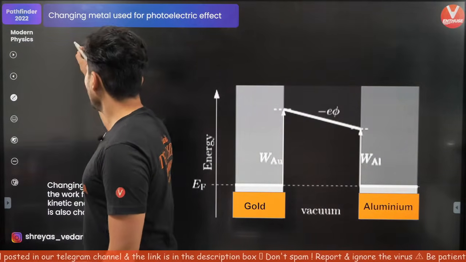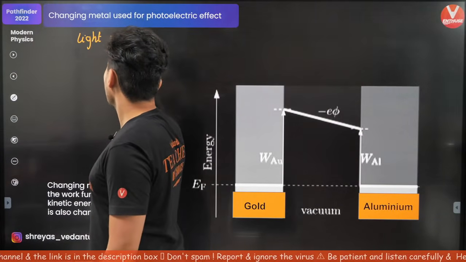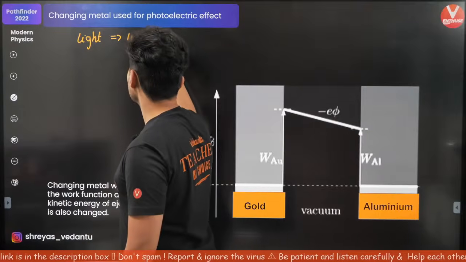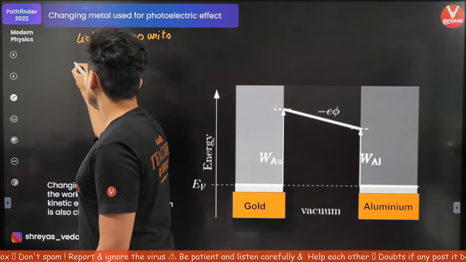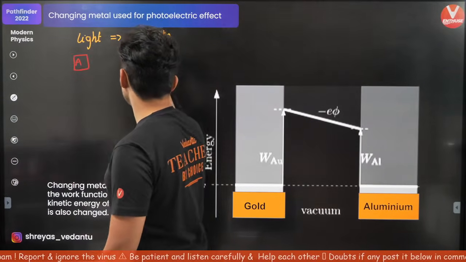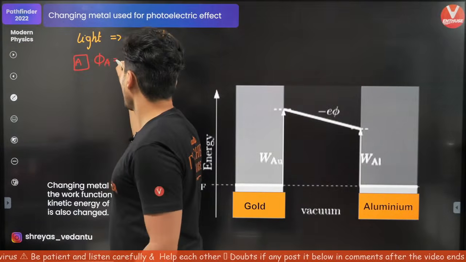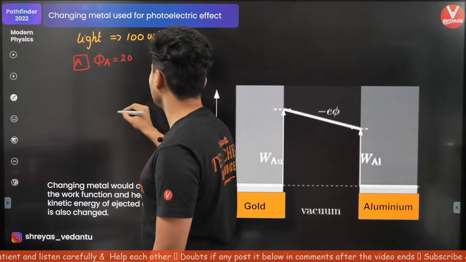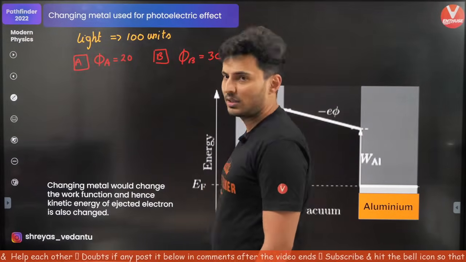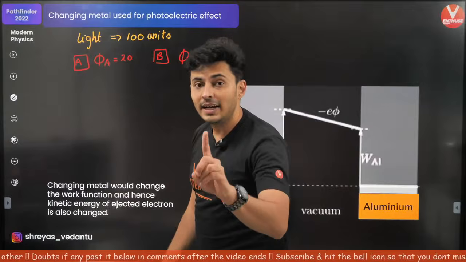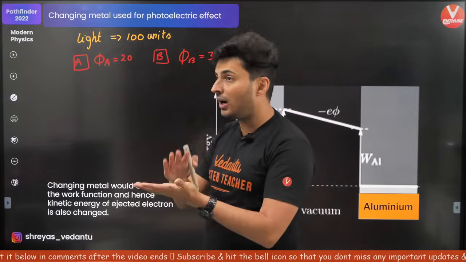Imagine the light which is falling has 100 units of energy. Let's say there is a material A and a material B. Material A has a work function of 20 units, and material B has a work function of 30 units.